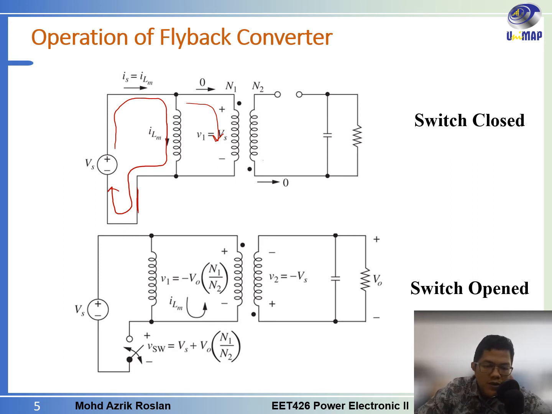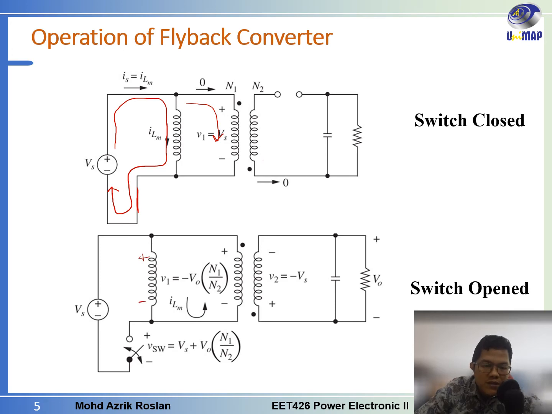So how about when we have the switch open? Remember that this one is open, so no current can flow in this loop. Remember, when the switch is closed, this one is positive and this one is negative.